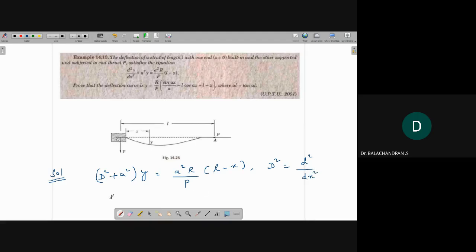The auxiliary equation is m square plus a square equals 0. So m square equals minus a square, which implies m equals plus or minus i. So these are the roots.